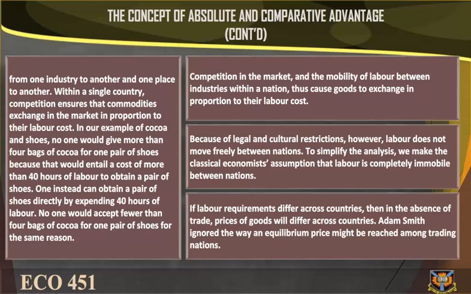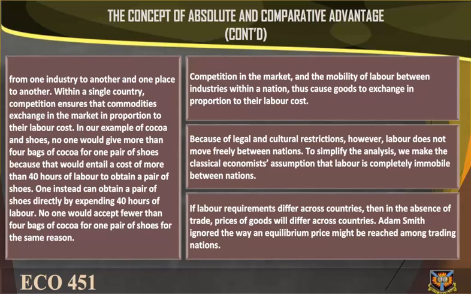One instead can obtain a pair of shoes directly by expending 40 hours of labor. No one would accept fewer than 4 bags of cocoa for 1 pair of shoes for the same reason. Competition in the market and the mobility of labor between industries within a nation thus cause goods to exchange in proportion to their labor cost.